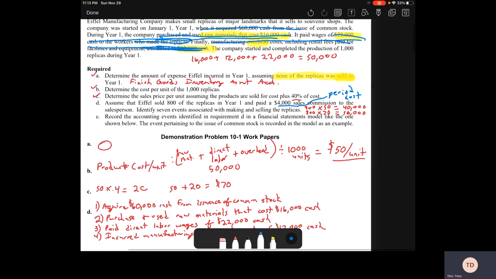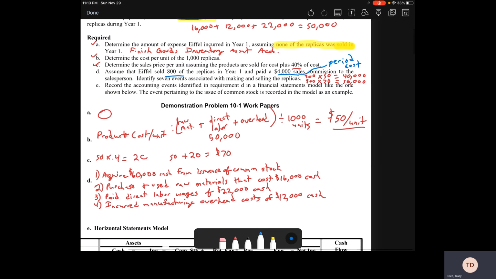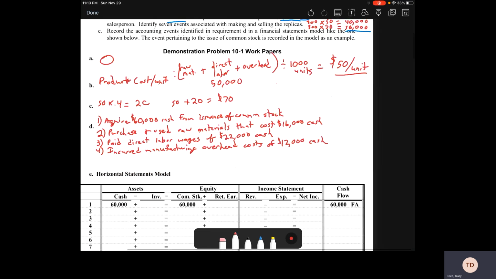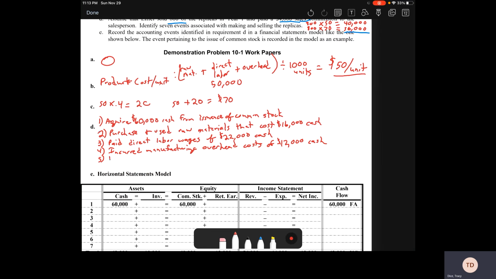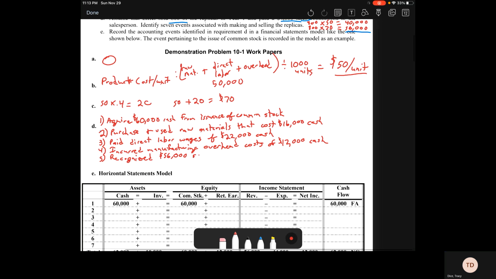And it says that we sold those 800 replicas. So we're going to start by recognizing our sales revenue of 56,000 that we already figured out. So 5, recognized $56,000 in sales revenue.